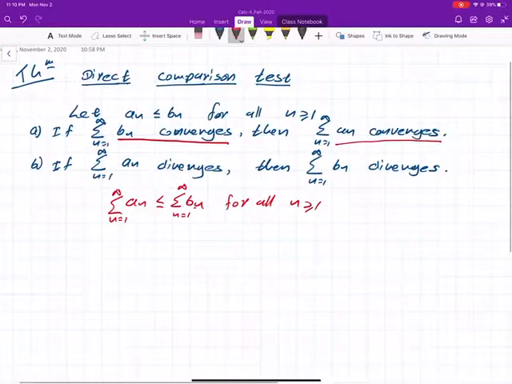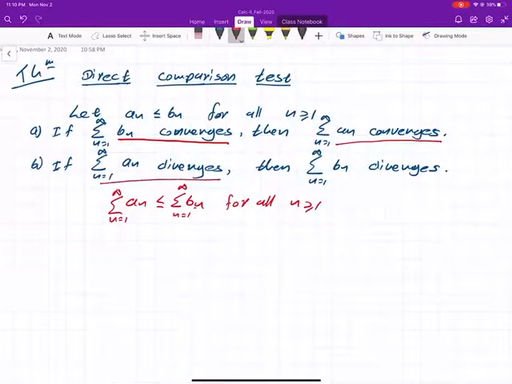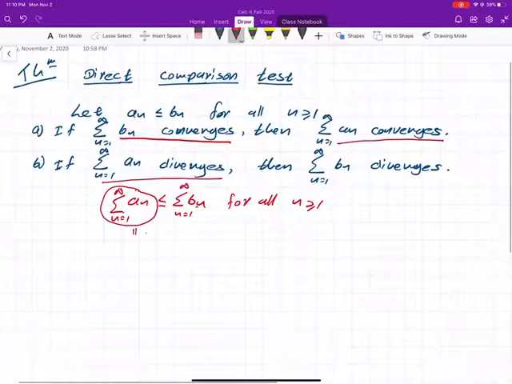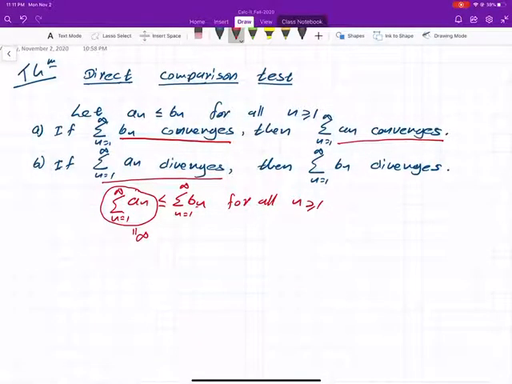it says sigma an diverges. That means the smaller series diverges. This series diverges. That means this equals infinity. That means sigma bn greater than or equal to infinity. Okay. Nothing can be greater than infinity. So the conclusion is sigma bn equals infinity.